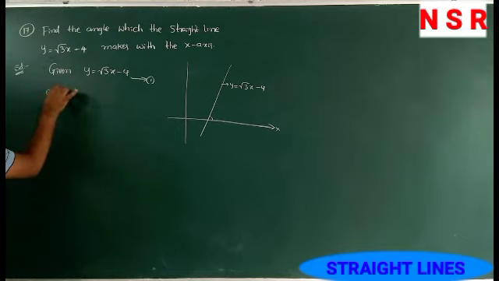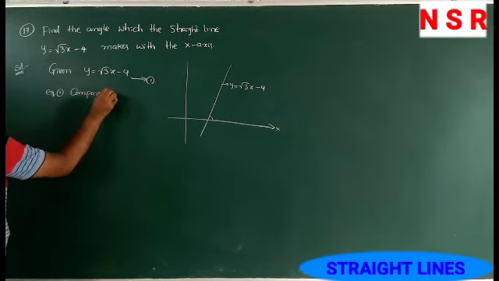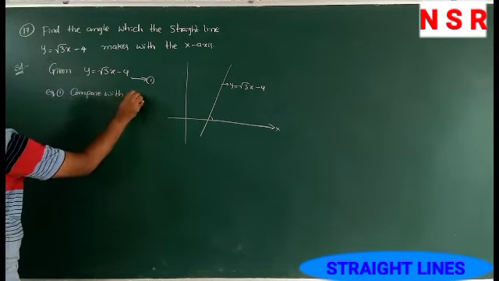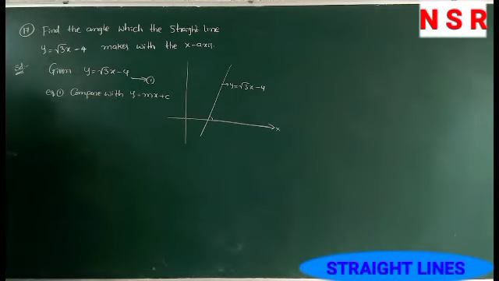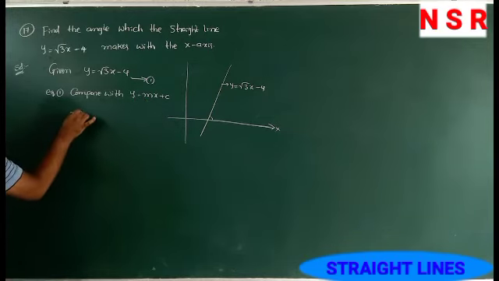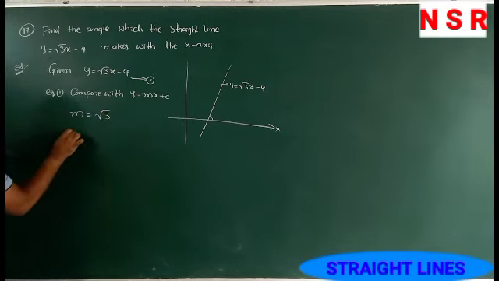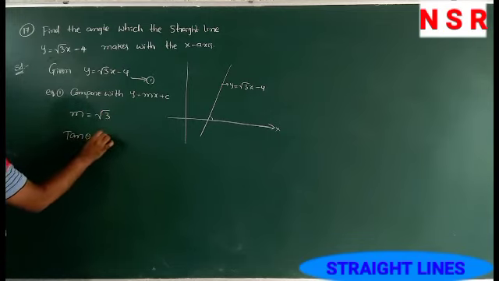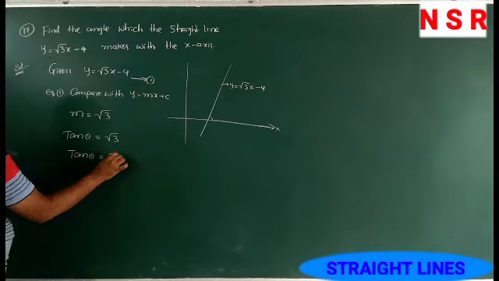Now compare equation 1 with y = mx + c. Here in place of m we have root 3, so m = root 3. Since m = tan theta, tan theta = root 3. Tan theta is root 3 at 60 degrees, since tan 60 is root 3.